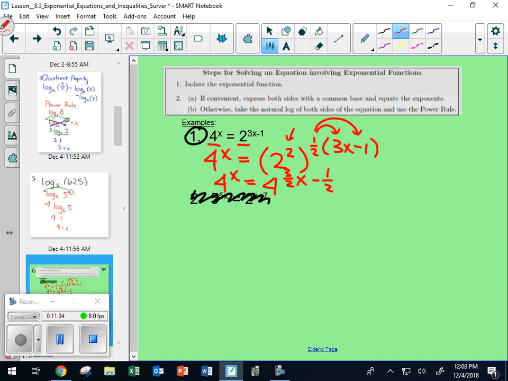And if we have the same base now, what can we do with our exponents? We have the same base. What can you do with your exponents? Turn and talk to your table partner.